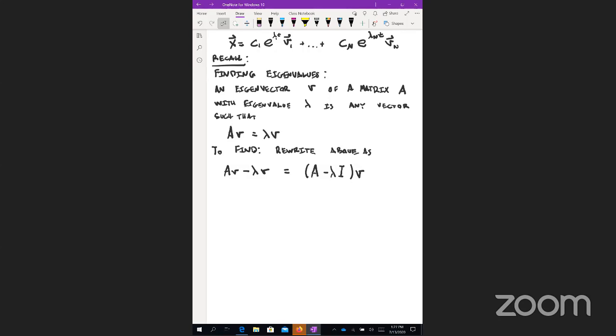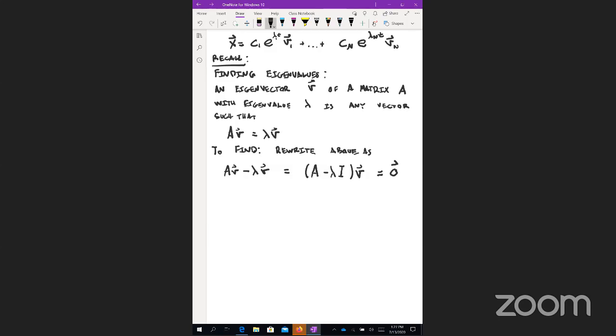But what is this asking us for? This is equal to 0, and this is a vector equation. I said I'd always have my little vectors, so let me do that. So this is happening as a vector equation. What this actually means is that this matrix is degenerate: there's a non-zero vector such that when we multiply that vector by the matrix, we get 0.